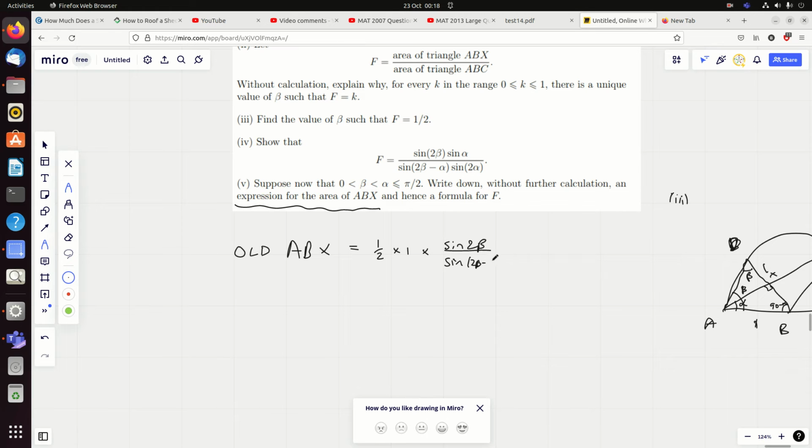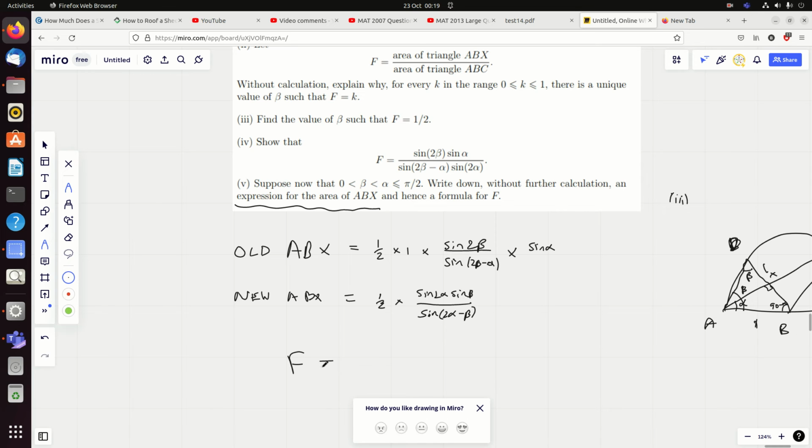So this is what I wrote down a second ago, multiplied by sine alpha. Okay, so that was sine rule on that little triangle. But now, new ABX, well, we're just swapping all betas for alphas and alphas for betas. So we get a half times sine 2 alpha sine beta over sine 2 alpha minus beta.